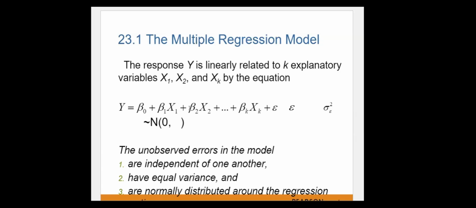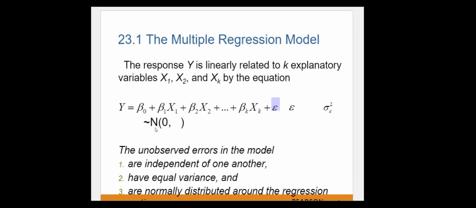So you also have beta 2 x2 for your second explanatory variable, third, fourth, up to the K-th explanatory variable, and each of these has a slope associated. And of course, if we add the residuals to this estimation, y will be accurate now, and epsilon represents the errors or residuals of your regression model.